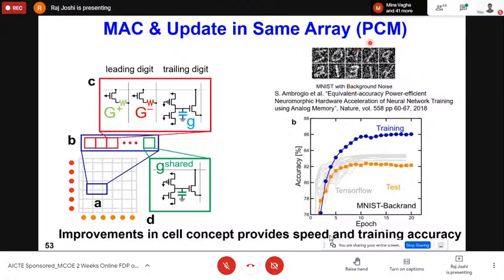So remember, this PCM is an emerging memory using emerging materials or emerging techniques, I would say, and still you can get decent results. So this is the demonstration, and the author, Ambrogio, has published this paper, and I am referencing that one.